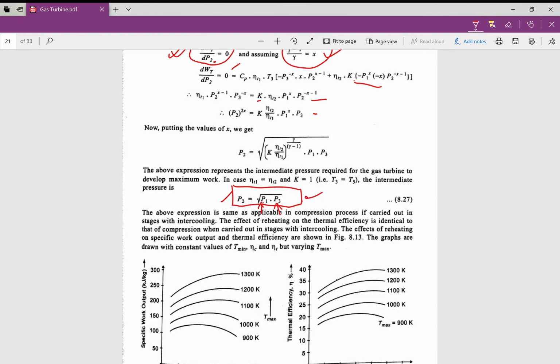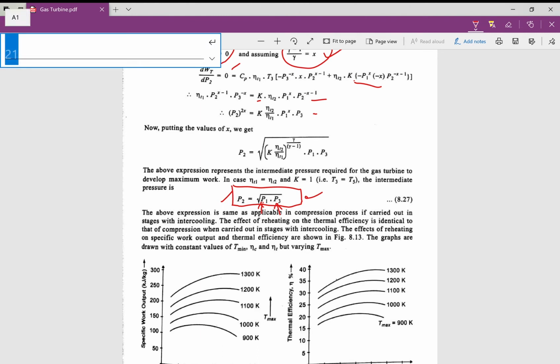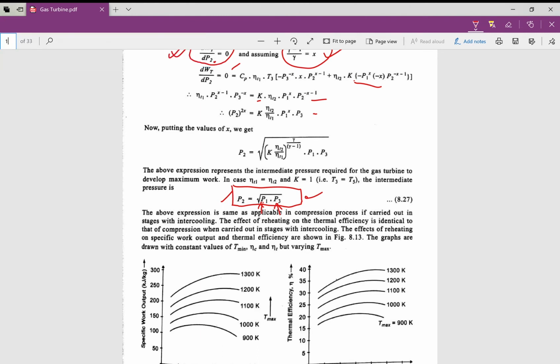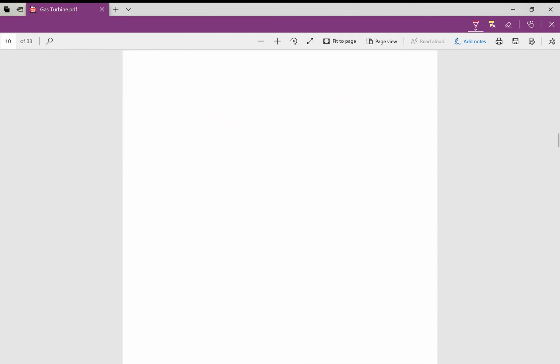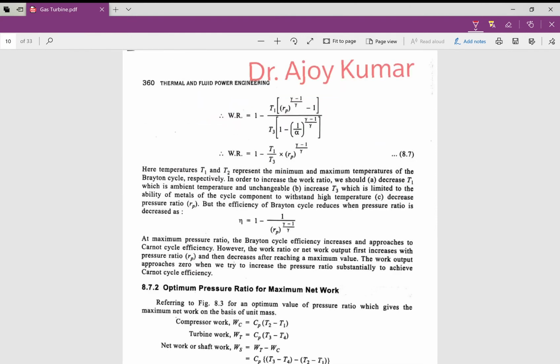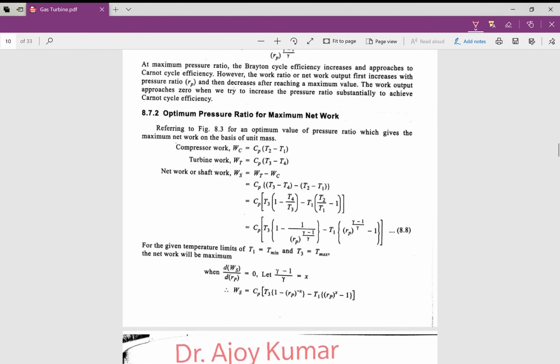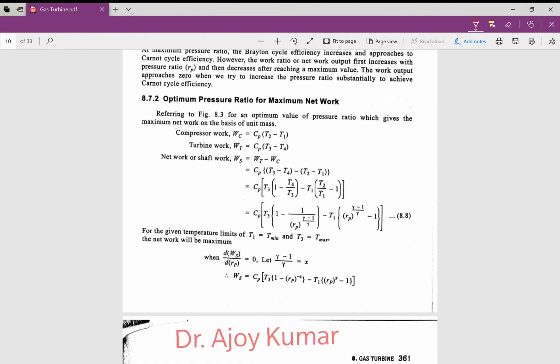So now students, let us move to optimum pressure ratio. 3 modifications we have seen till now.